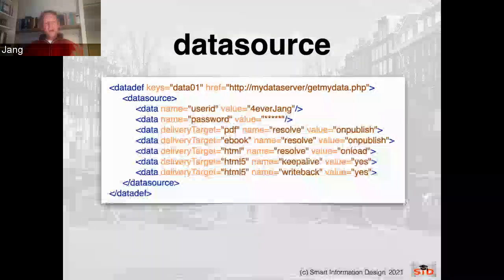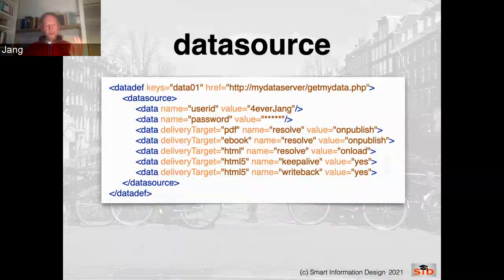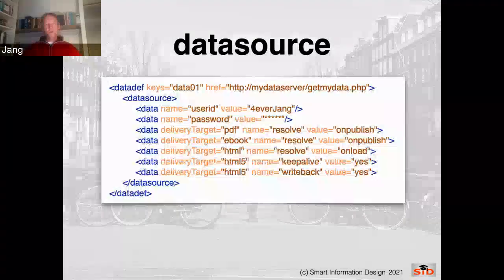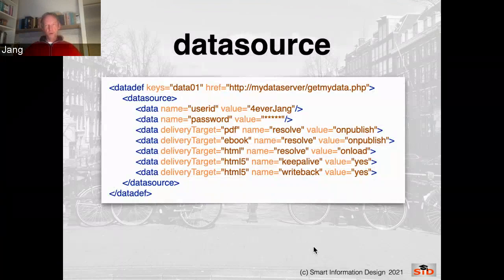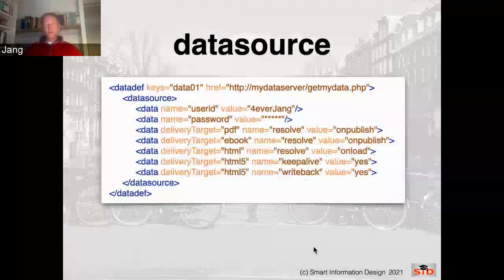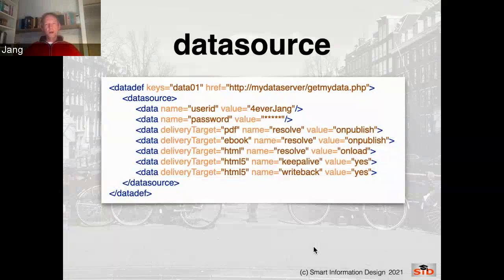You define a data source in the DITA map, and in that DITA map you have data def, which is a specialization of key def, and the data def specifies where is your source. Like here in this case, this is my data server, and there's a PHP process that serves up the data so that I can talk to it with my simplified query language.